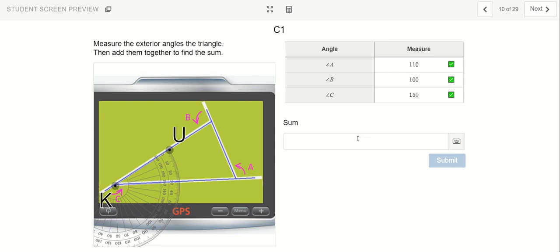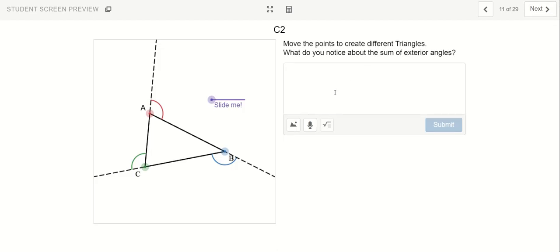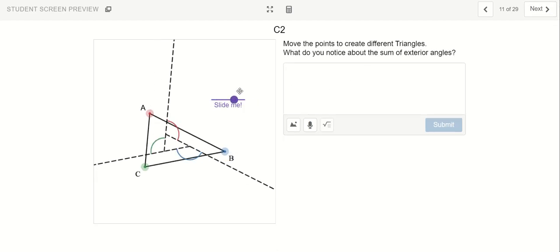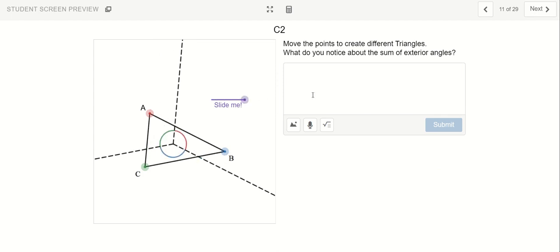Right, and if I add up all the outsides, 110 plus 100 plus 150, looks like they all add up to 360. Okay, and as you can see, the outsides of a triangle, even though it's a triangle, still combine to get a circle, right? We still get a circle from the outside.